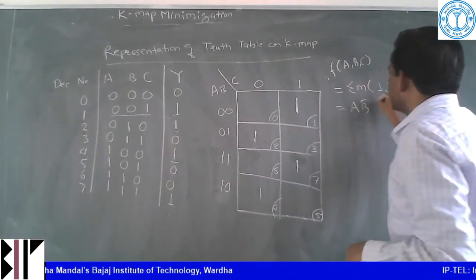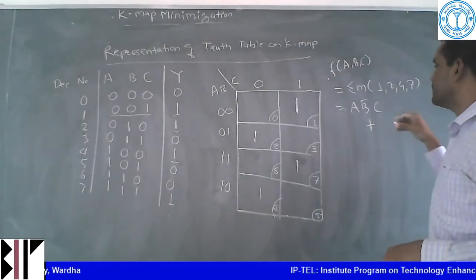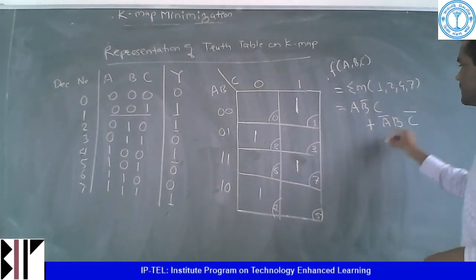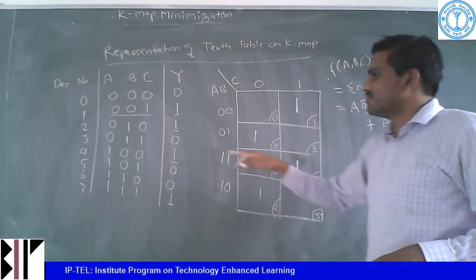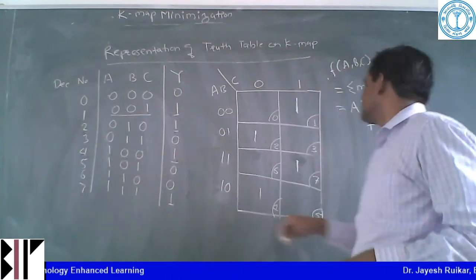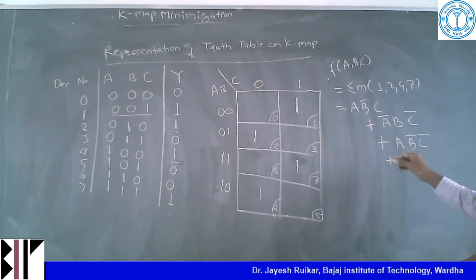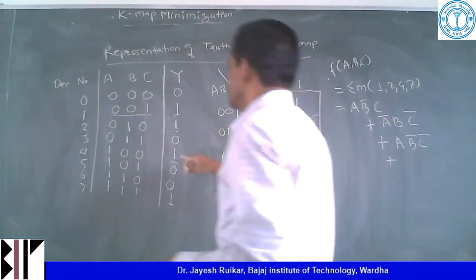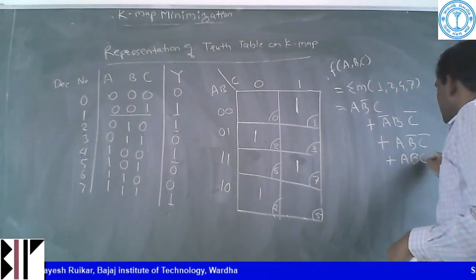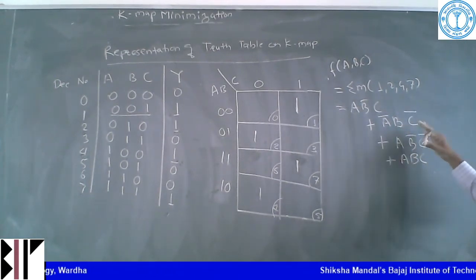Plus for 2, a bar b c bar. Then 4, a b bar c bar, plus 7, a b c. This is the equation I have written in terms of SOP form.